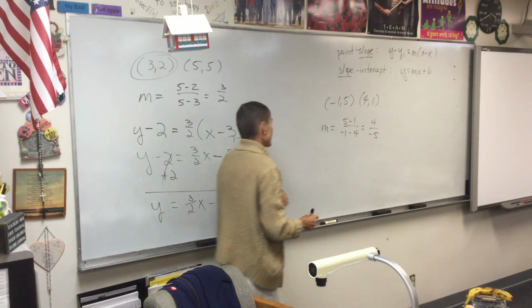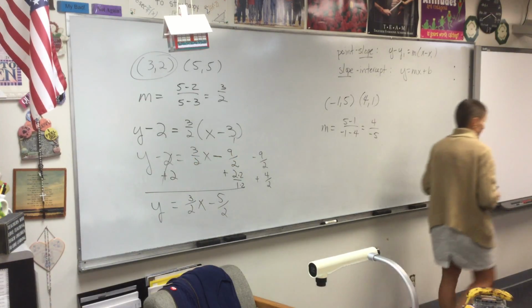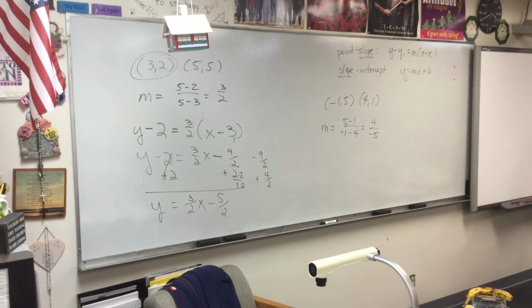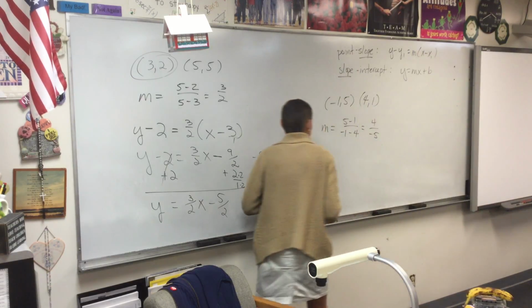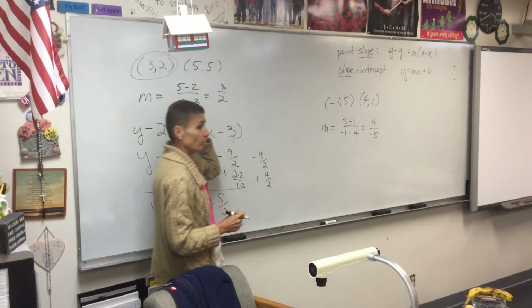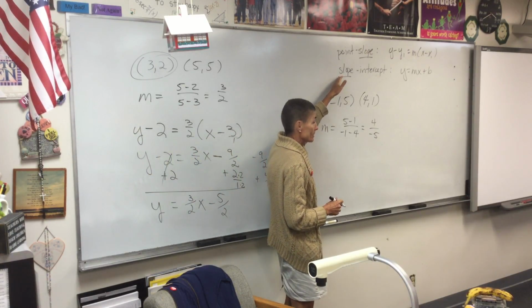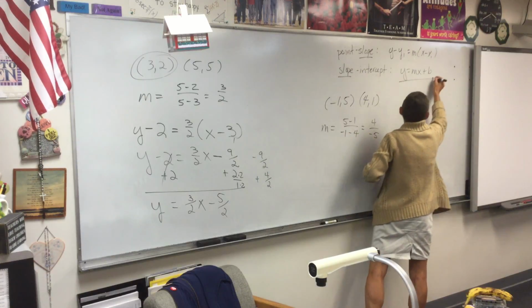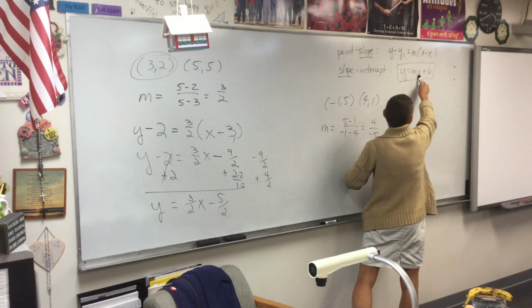I did that kind of fast, so watch my arithmetic. I got negative 4/5. What about you? Does that look about right? Now, I know what I would do if I were point sloping, but I'm not. I'm slope intercepting. So this is my formula I'm going to use. My m is going to be negative 4/5.